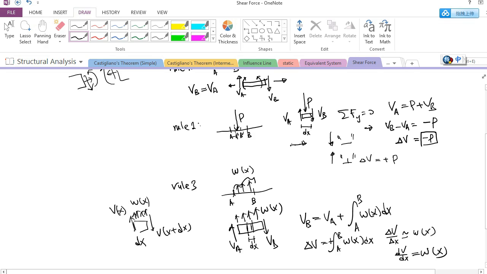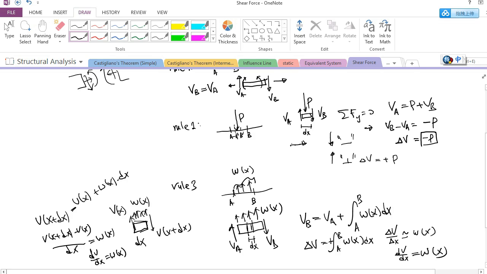From force equilibrium, V of x plus dx is equal to V of x plus omega x times dx, the total load due to this little uniform omega x. So V of x plus dx minus V of x, divided by dx, is equal to omega x. When dx is sufficiently small and approaches 0, it becomes a derivative: dV by dx equals omega x. What I mean is that when you draw the shear force diagram, the slope of the shear force diagram is actually the distributed load.